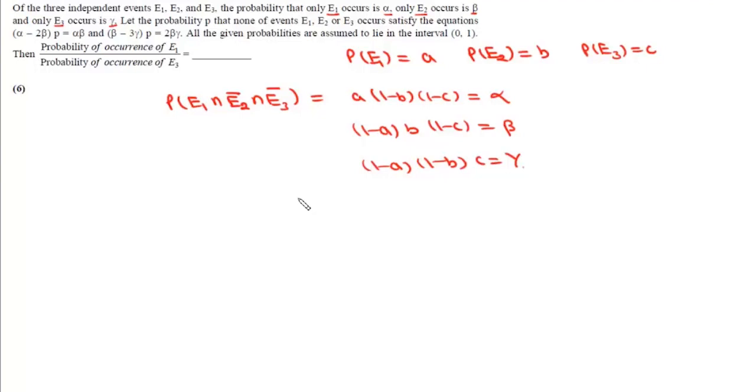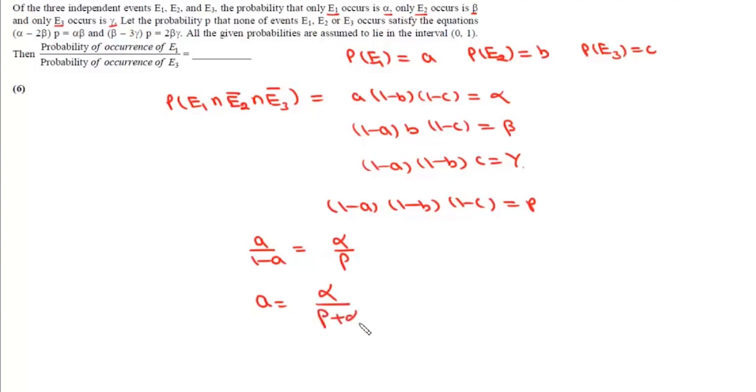Now we are given that none of E1, E2, E3 occurs. This probability will be 1 minus A, 1 minus B, 1 minus C, and it is equal to P. Now we divide this first with fourth. We can write A upon 1 minus A will be equal to alpha upon P, and if we use componendo and dividendo, we can write A equals alpha upon P plus alpha.